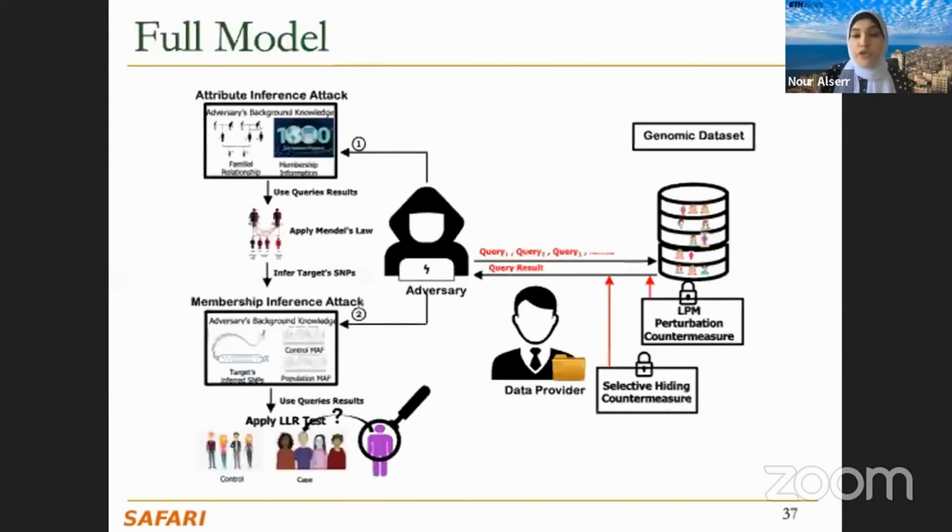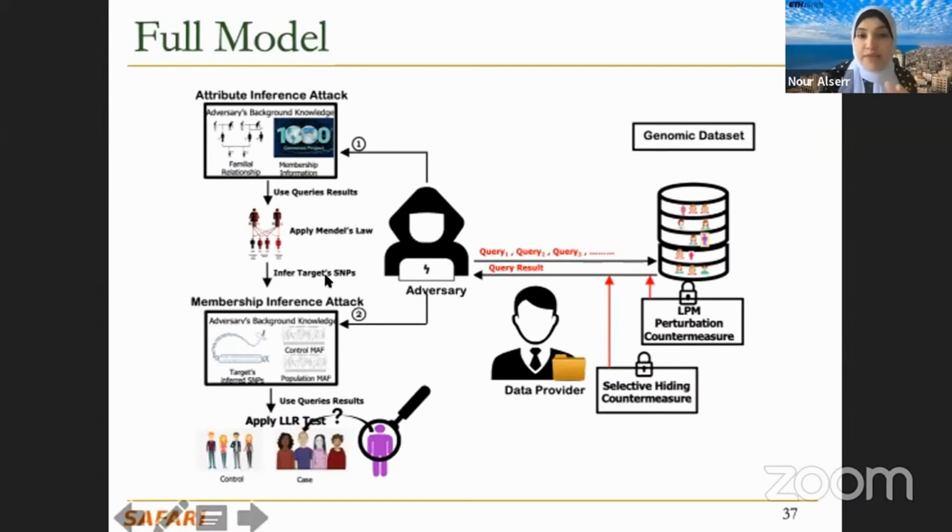So the overview of our contributions is like this. We have an adversary trying to do attacks of both types, attribute inference attacks and membership inference attacks. We show that we can do these attacks.